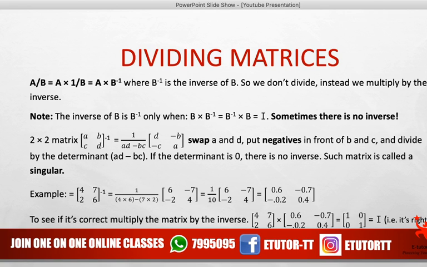So let's see. The original matrix was 4, 7, 2, 6, and the inverse was 0.6, negative 0.7, negative 0.2, and 0.4. When we multiply those two by each other, the answer was 1, 0, 0, 1, and you know that's the identity matrix because we have 1s in the main diagonal and everything else is 0, so therefore we know our answer is correct.